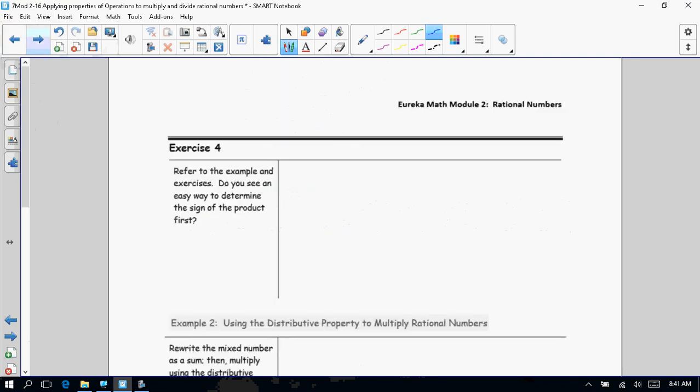All right, let's take a look at exercise 4. Okay, refer to the example and exercises, so what we just did. Do you see an easy way to determine the sign of a product first? Well, we talked about this the other day. If there's an even number of negatives, an even number of negatives equals a positive answer.